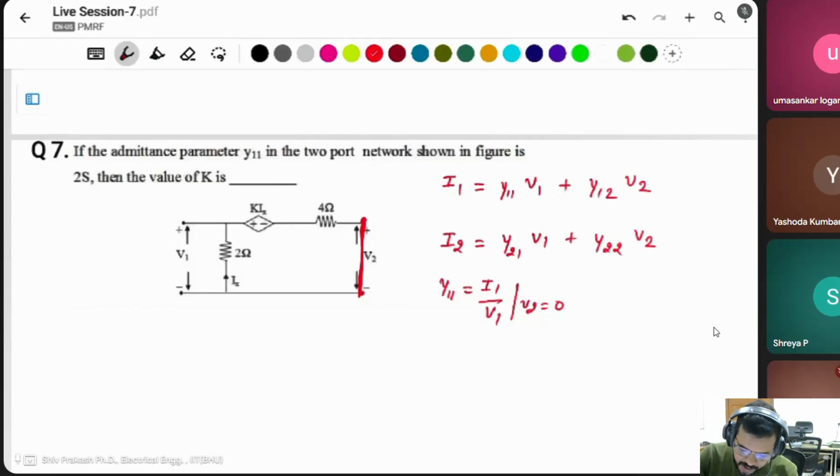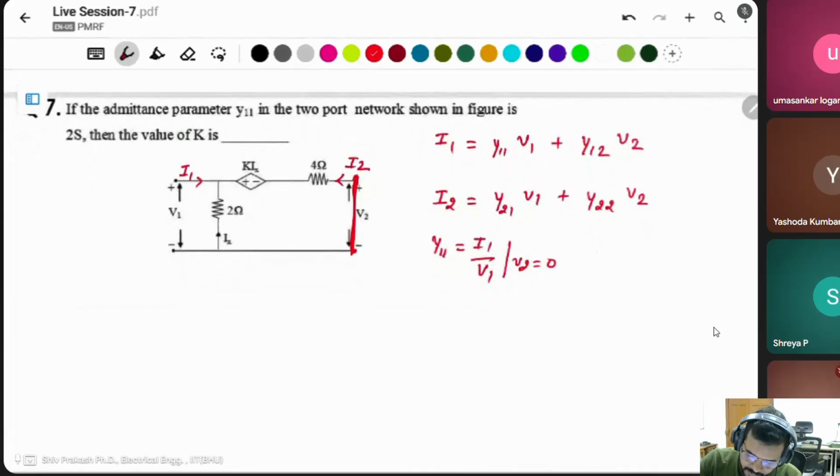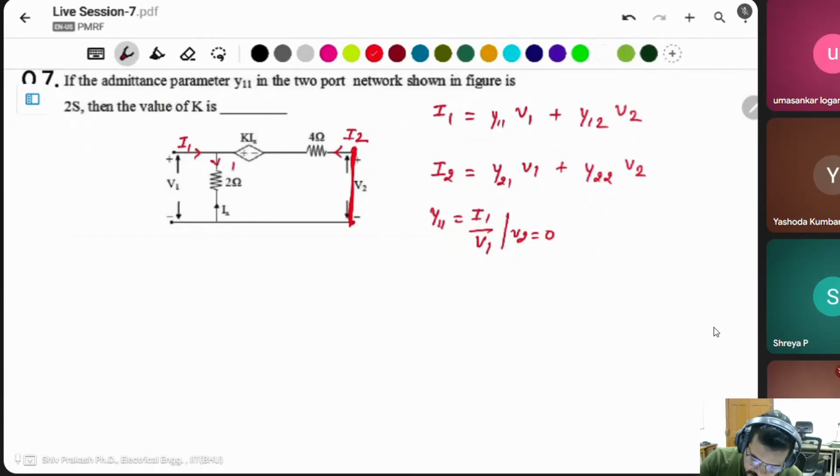This is the short circuit, this current is I1, this current is I2. Then what is this current? I1 plus I2. If this current is I1 plus I2, then you can say Ix is equal to minus of I1 plus I2, because I1 plus I2 is flowing in the negative direction.